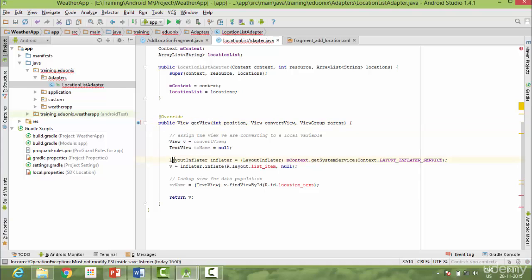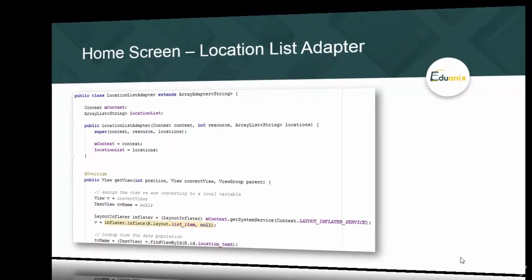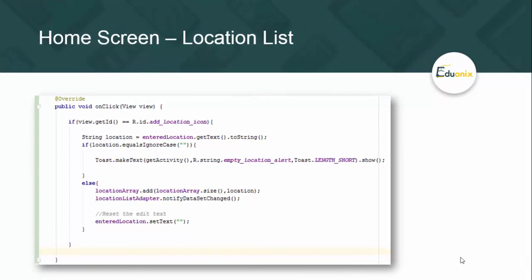Layout inflator inflator equals layout inflator mcontext.getSystemService context.layoutinflator_service. V equals inflator.inflate r.layout.listItem. The inflator method contains the text view to display the location name as shown. On the next slide, we will learn how to add a location list.